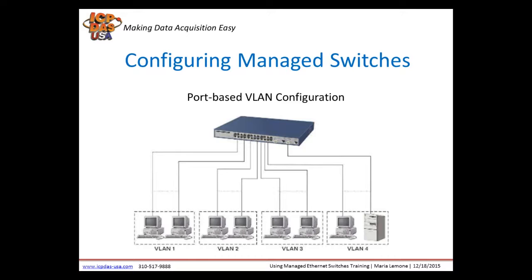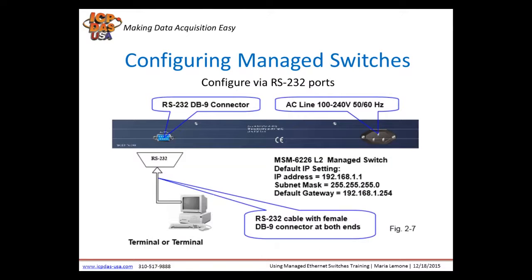In this diagram here, the members in VLAN 1 cannot access VLAN 2, VLAN 3, and VLAN 4 members. All VLANs only have access to the ports assigned to them. So this is a good way to separate traffic and to protect devices from each other for security.